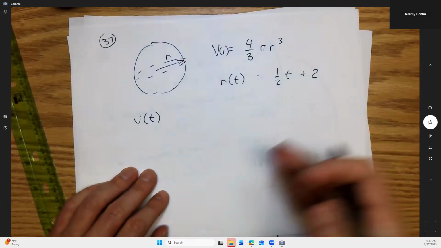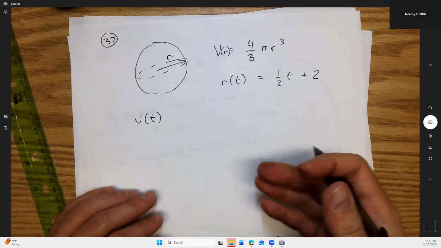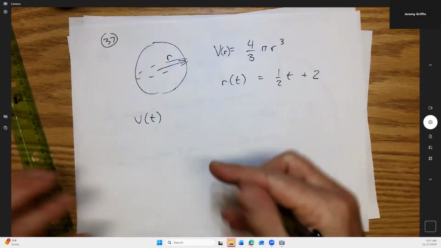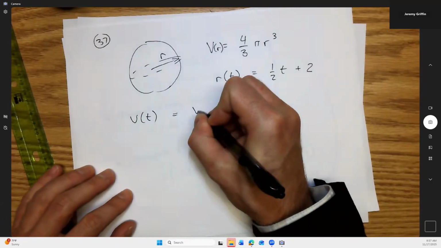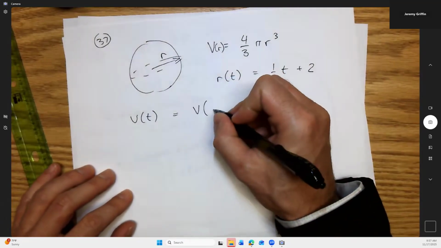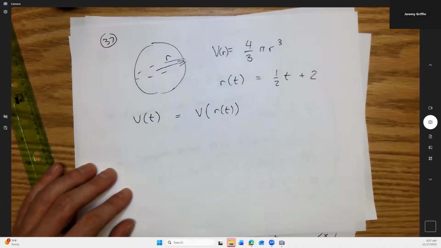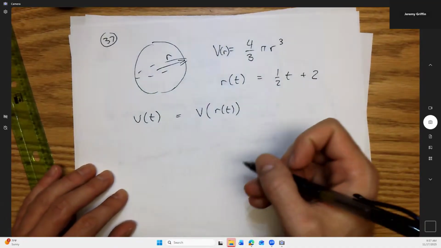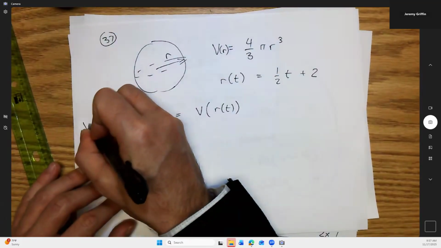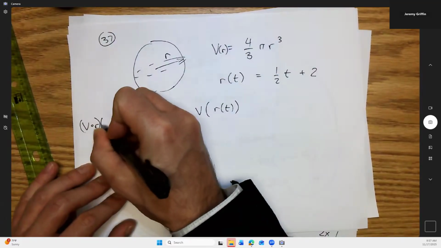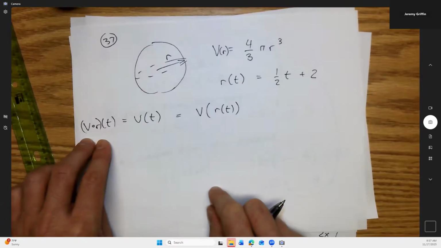So after like 3 seconds of pumping this up have passed, what's the volume? Well, that's volume as a function of radius, as a function of time, which is a composite function. You could call that v of r of t. You might also see that notation.